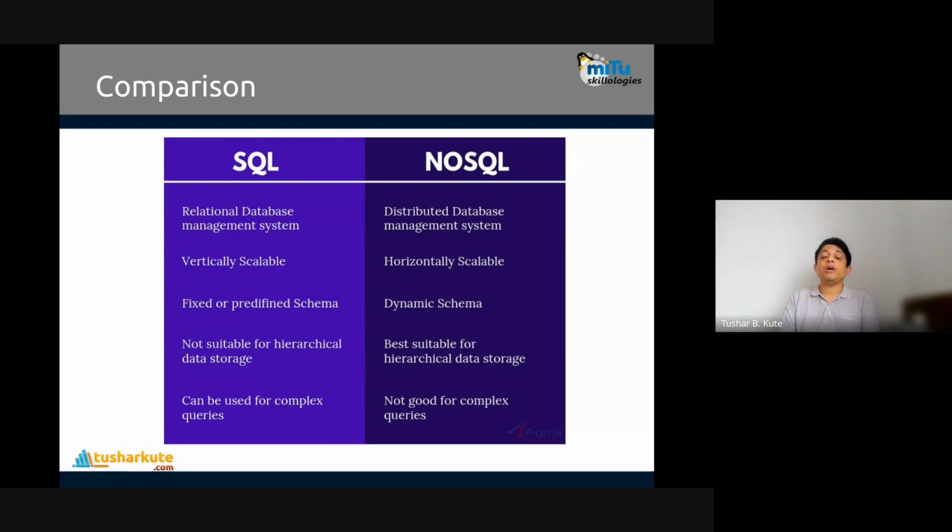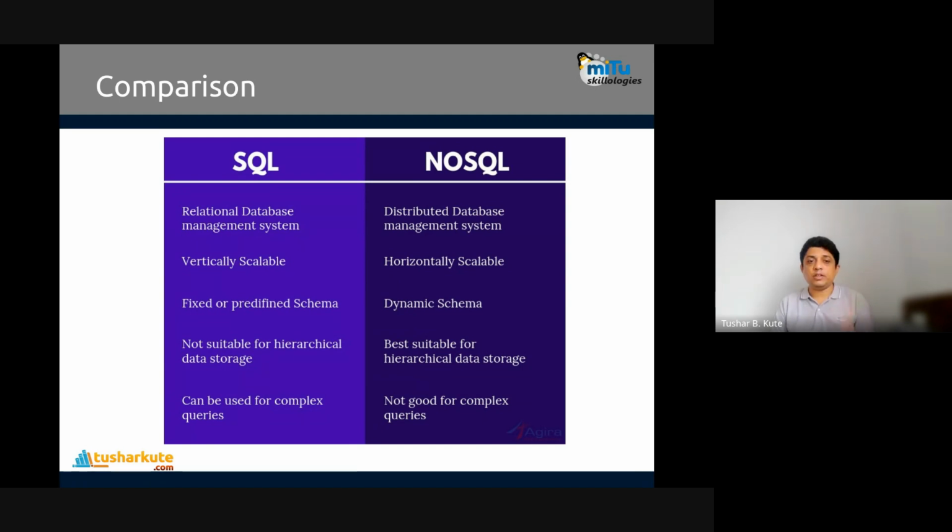But in NoSQL, we have a dynamic schema. We don't have a specific structure there. Whatever requirement arises, accordingly you store data in it. So nothing is static, nothing is fixed. Everything is dynamic, and that's the reason it is horizontally scalable and distributable among n number of nodes in a network.